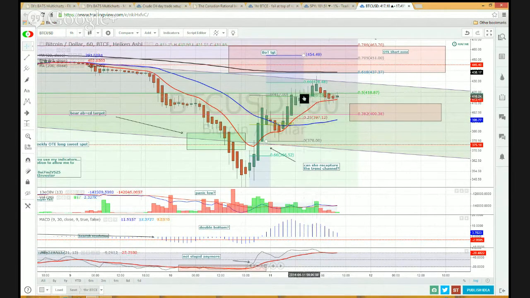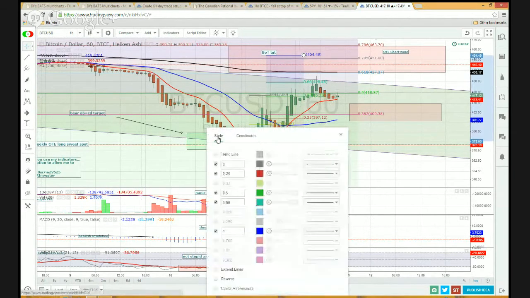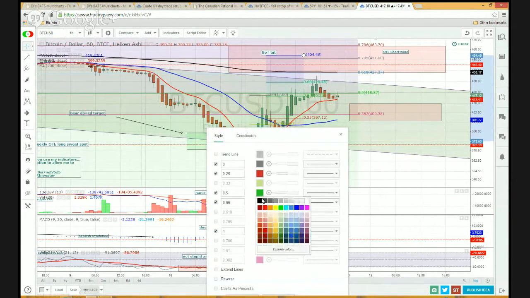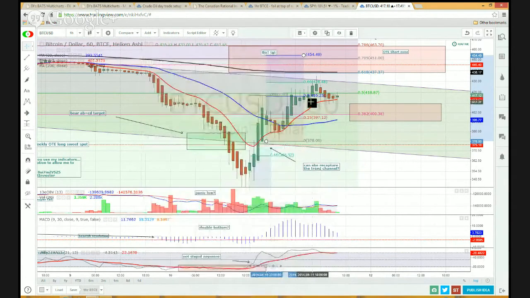Stop to break even level looks to be, what the heck is that number? Probably not the best. Let's do a nice big dark blue. There we go. So stop to break even is at 416, so we've hit that. Stop to trail is 478, so that's interesting.